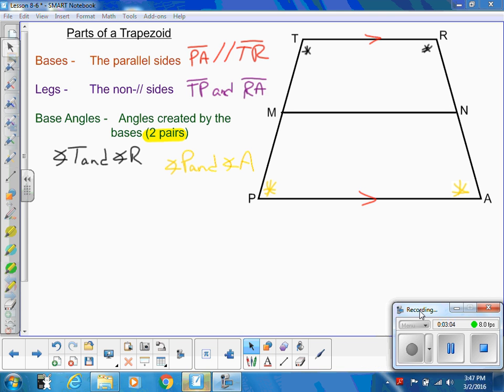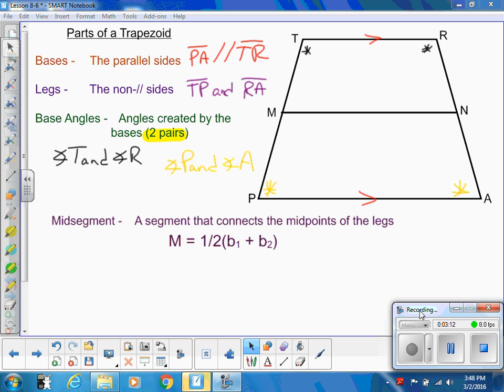The other thing up here, though, something maybe ask yourself is, well, what about MN? Well, notice MN is in the middle. And we call this segment the midsegment. By definition, the midsegment is a segment that connects the midpoints of the legs.